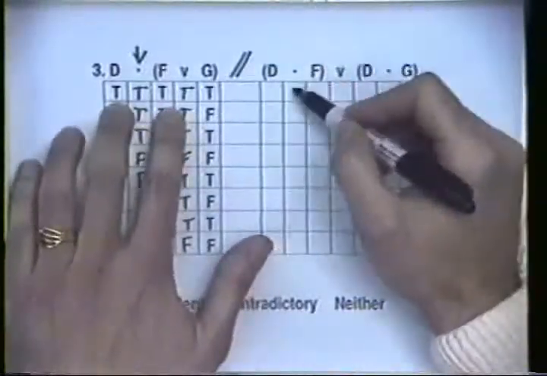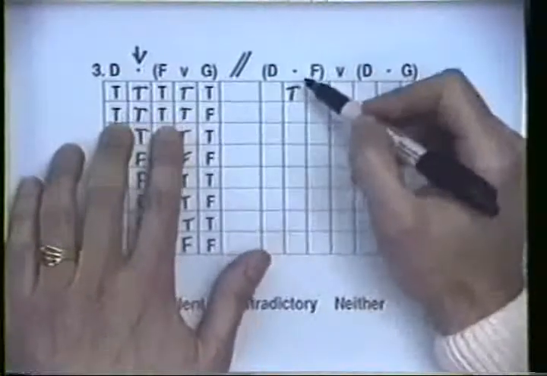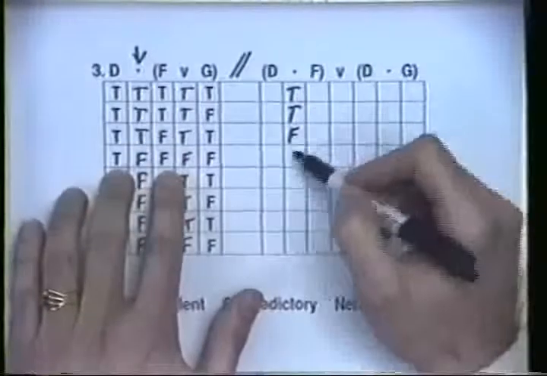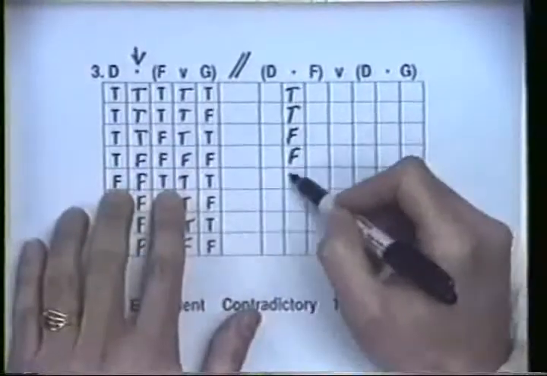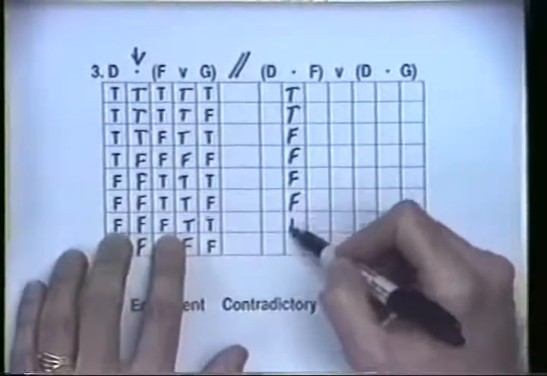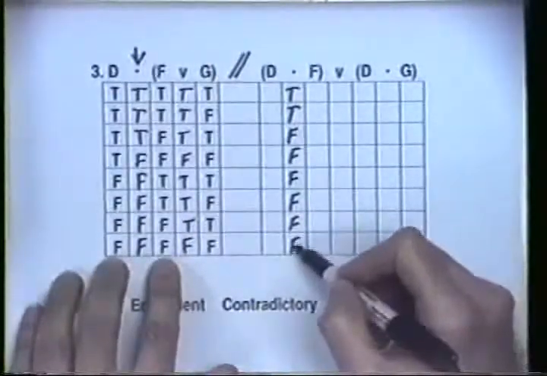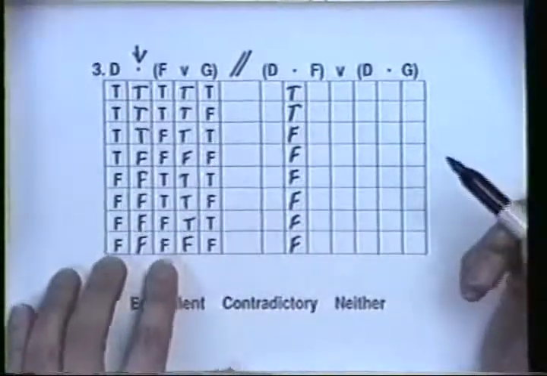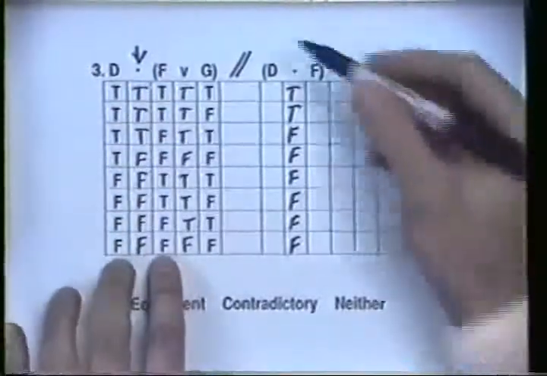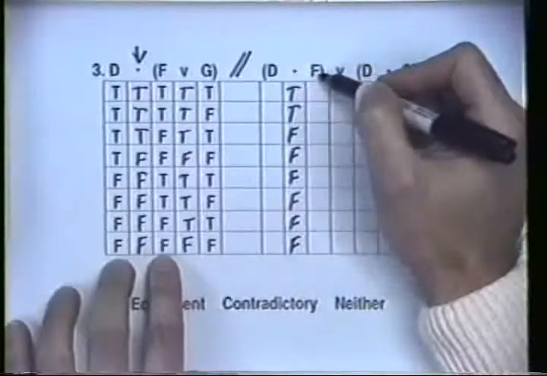So, T and T is true, T and T is true, T and false is false. I followed this column and conjoined them together as is indicated by this part of the sentence.